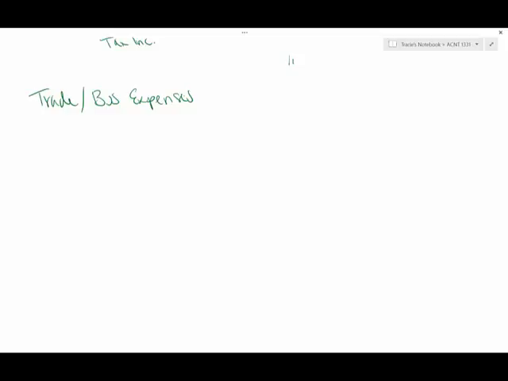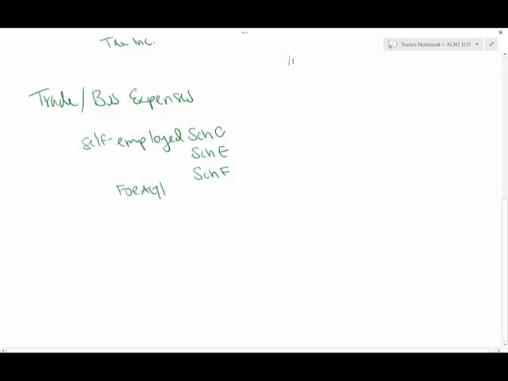So if an individual is self-employed and they are operating something like a Schedule C, which is for businesses, a Schedule E, which is for rental, or a Schedule F, which is for farms, all of these deductions are going to be listed as FOR AGI deductions.